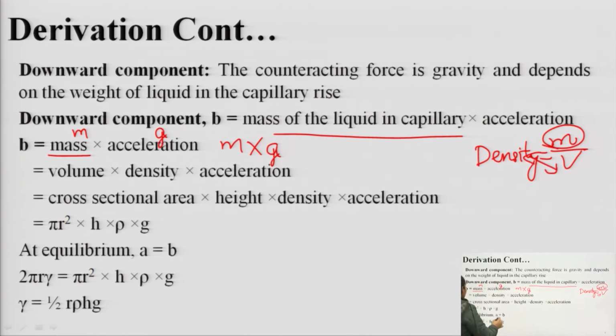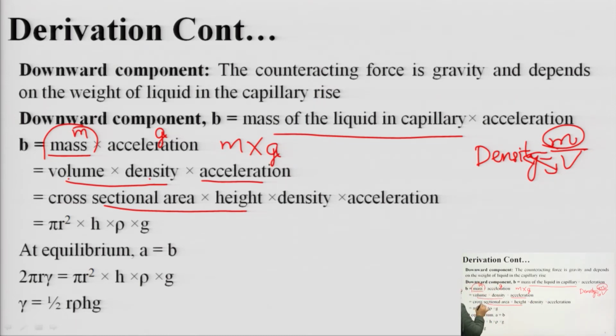So, mass will be replaced by the volume multiplied by density into acceleration. Okay. This mass is represented by volume into density. Volume we can represent by area into height. We are replacing this volume by cross sectional area into height, into density into acceleration.